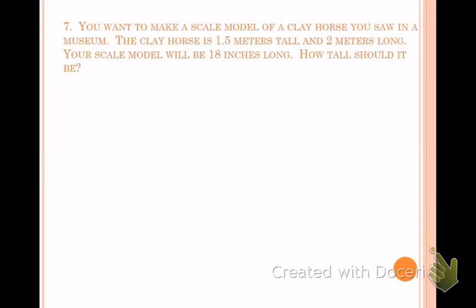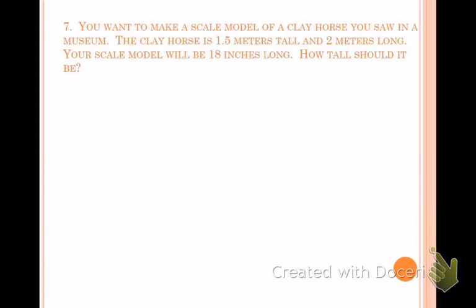Okay, well, a proportion takes two ratios and sets them equal. So it says that two ratios are equal. A ratio is a way of comparing two quantities, right? So you're going to need a proportion here to help find out how tall your scale model should be.